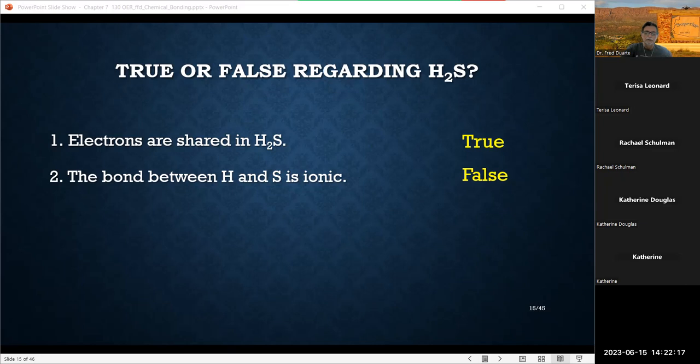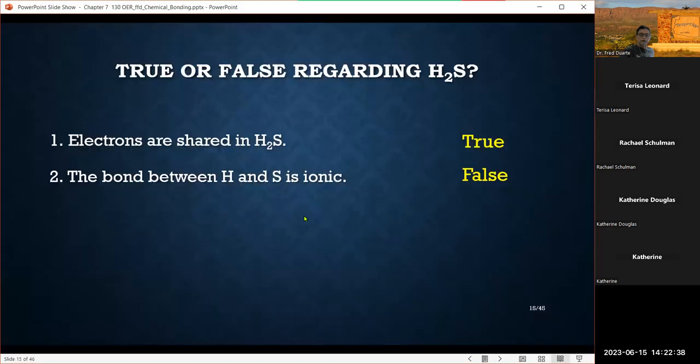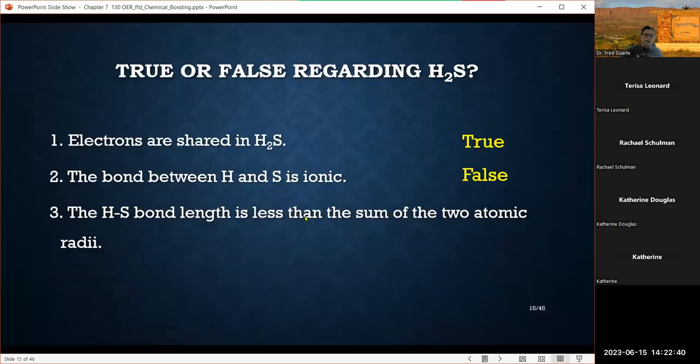Okay, let me pull up mine. Right here, hydrogen's over here on the far left, and it happens to be there with the other metals. You might think, yeah, it's a metal, but it's not. Remember, hydrogen's a nonmetal. Okay, so far so good. All right, the H-S bond length is less than the sum of the two atomic radii.